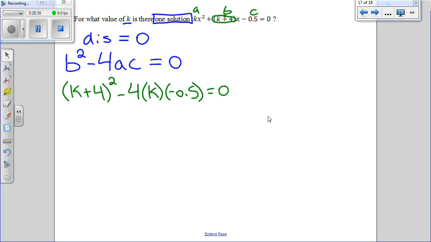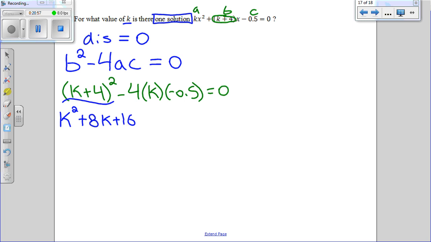When you expand it, this does not become k squared plus 16. A binomial squared means there's two binomials there. So it changes to k squared plus 8k plus 16. So remember to actually expand that properly. Do an area diagram or do FOIL, whichever one you prefer.